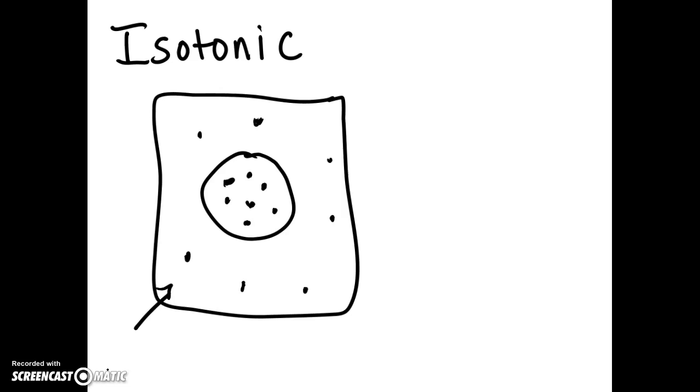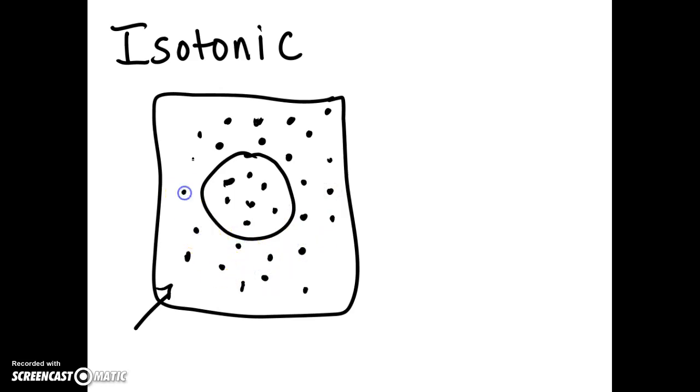No, the solution is not isotonic, and here is why. If I took a sample of the outside solution and a sample of the cytoplasm of the cell, they wouldn't have equal concentrations of solute molecules to solvent. So in other words, if you want to look at it like a ratio. So when I draw my picture, I want to draw it so it looks like the same spacing that's occurring on the inside of the cell is occurring on the outside of the cell.